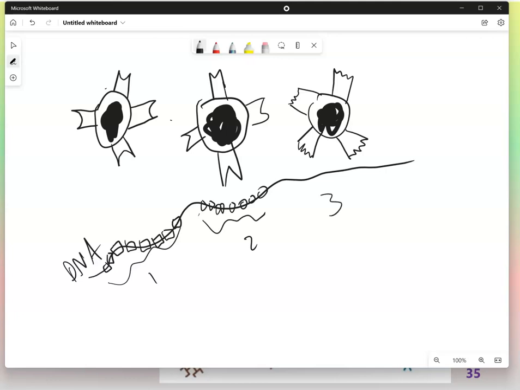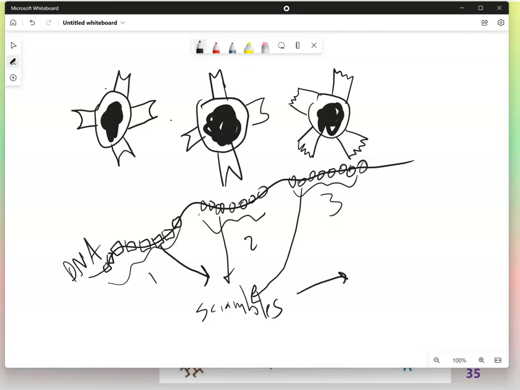In region 3, there are lots of little short mini genes. And what happens is when a lymphocyte is young and very immature, right when it's being made in the bone marrow, what it does is it chooses randomly one of each. And then it kind of scrambles them.